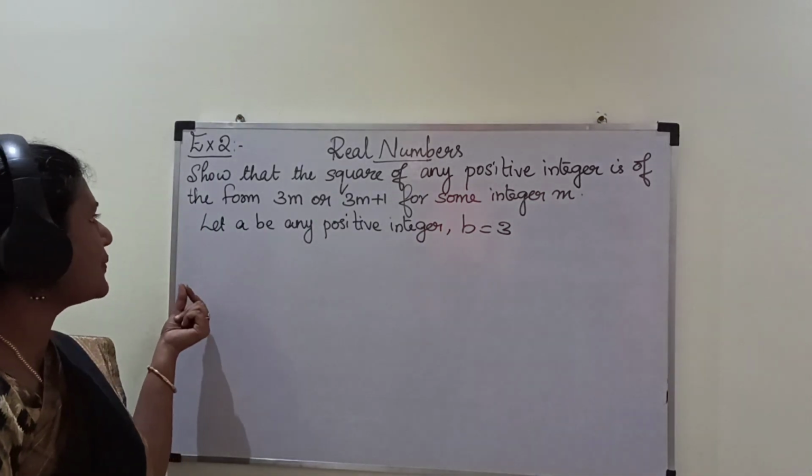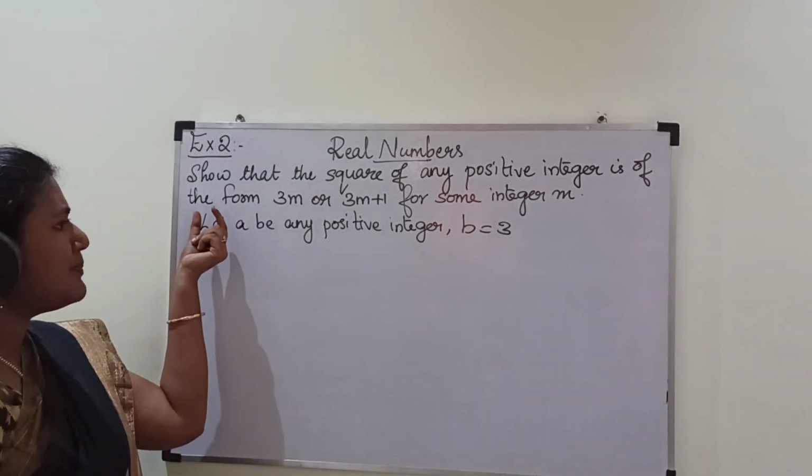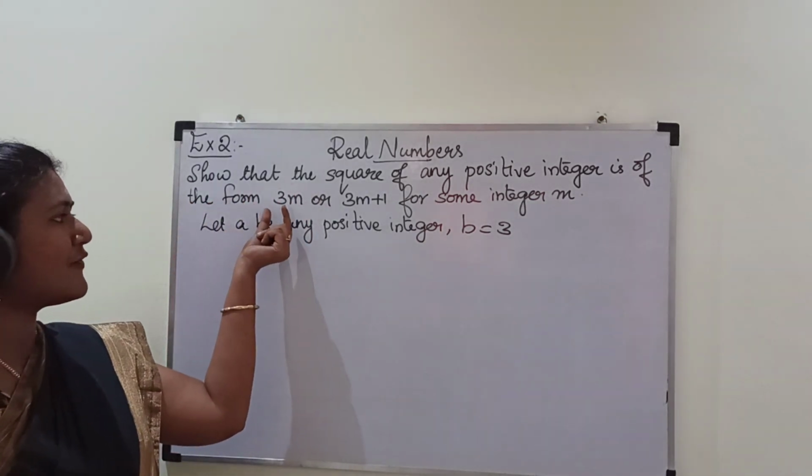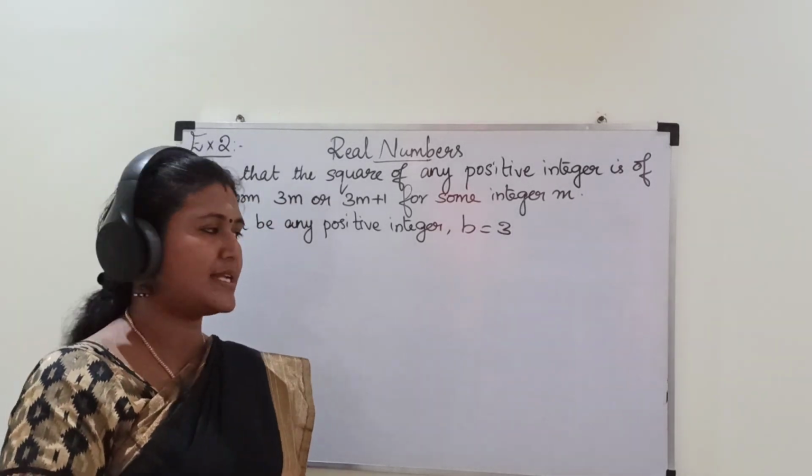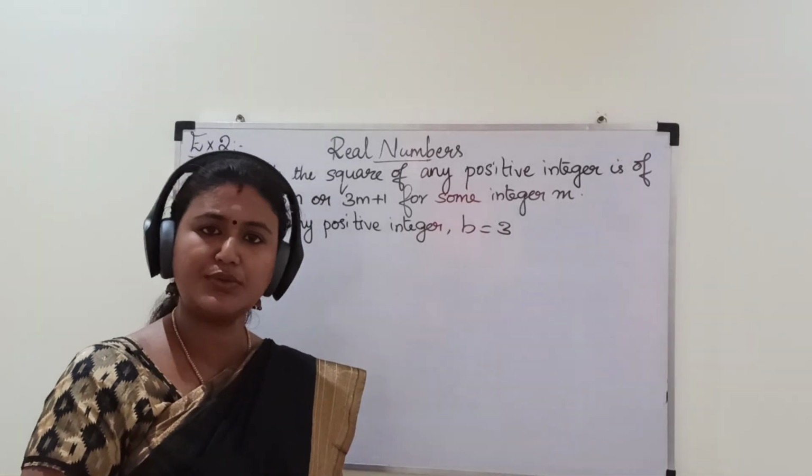Since we have to prove the square of the positive integer is of the form 3m or 3m plus 1, we will take b equal to 3.